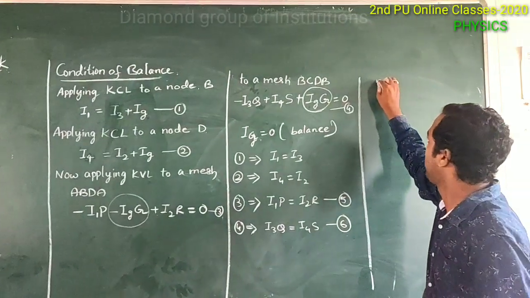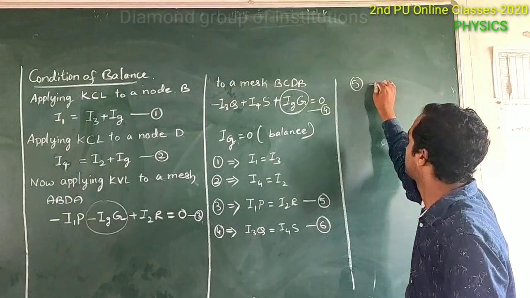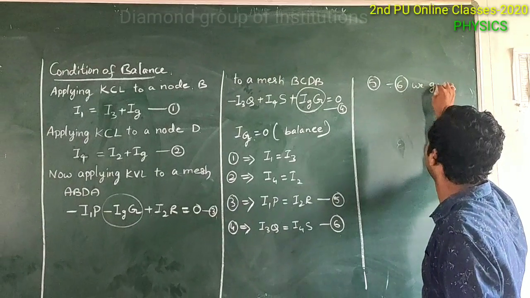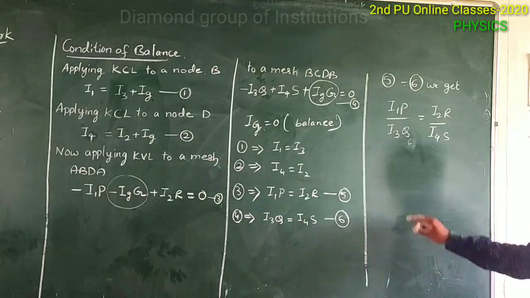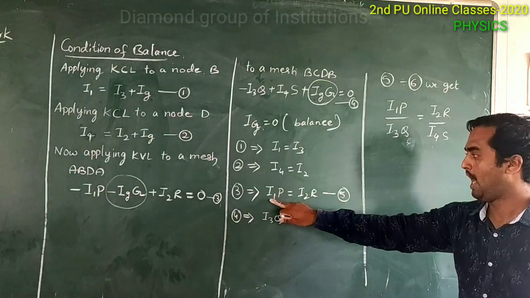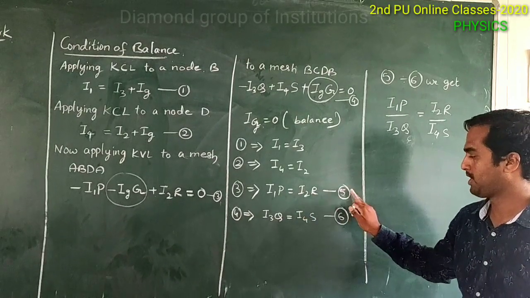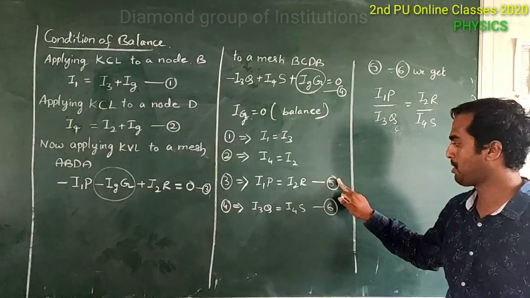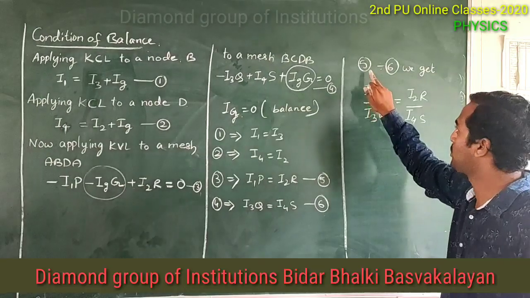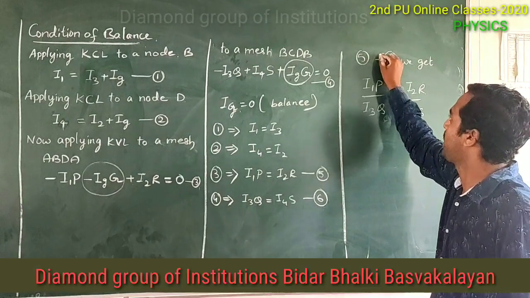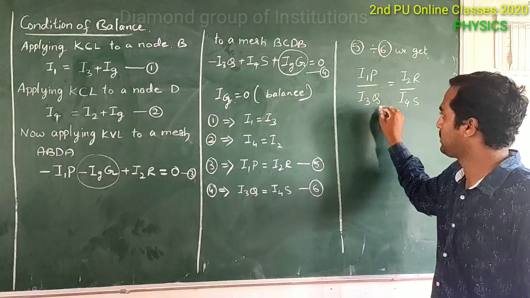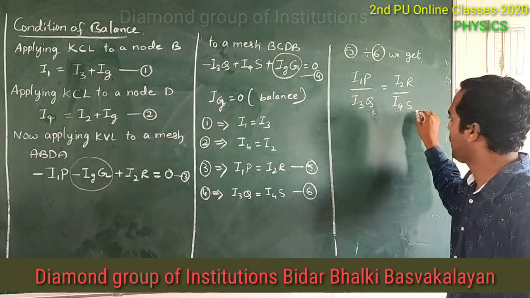So if you divide 5 by 6, we get I1P equal to I2R, equation number 5, I3Q equal to I4S, equation number 6. Now we are going to divide equation number 5 by 6. We get I1P by I3Q equal to I2R by I4S.